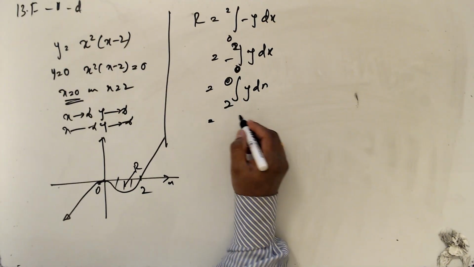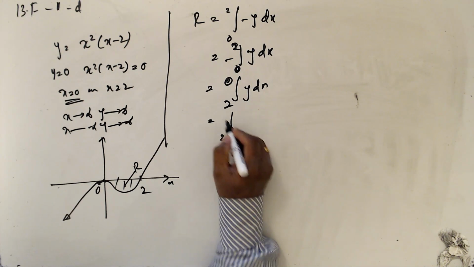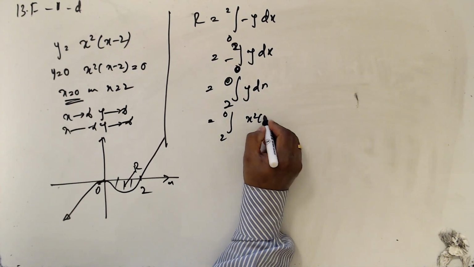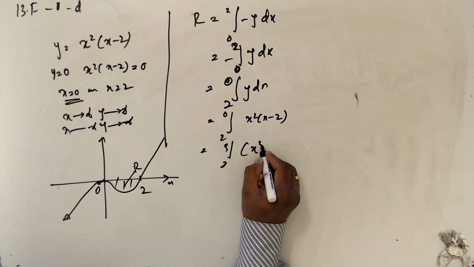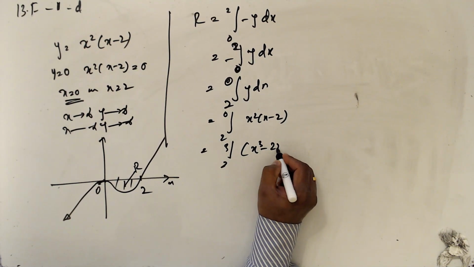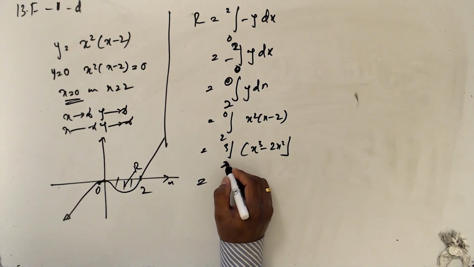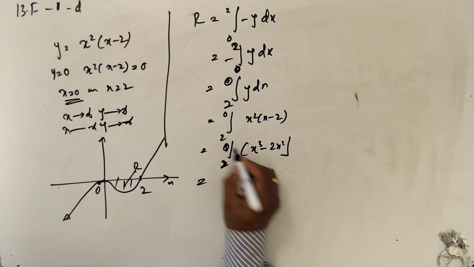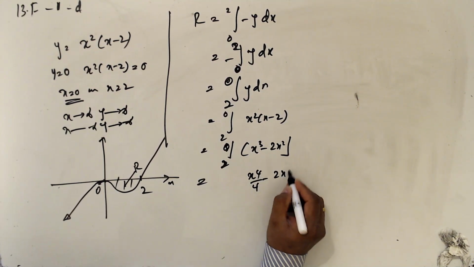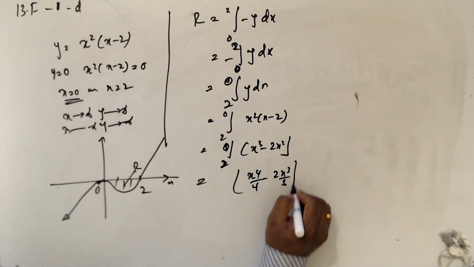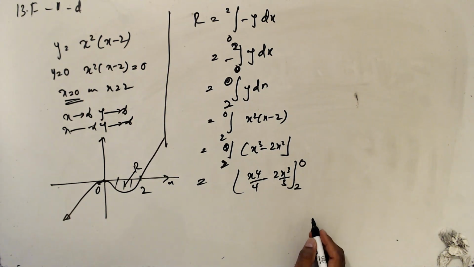Now, what is y? It is the integral from 2 to 0 of x square minus x minus 2 x cube over 2x square. So this is going to be x4 over 4, 2x cube over 3, from 2 to 0.